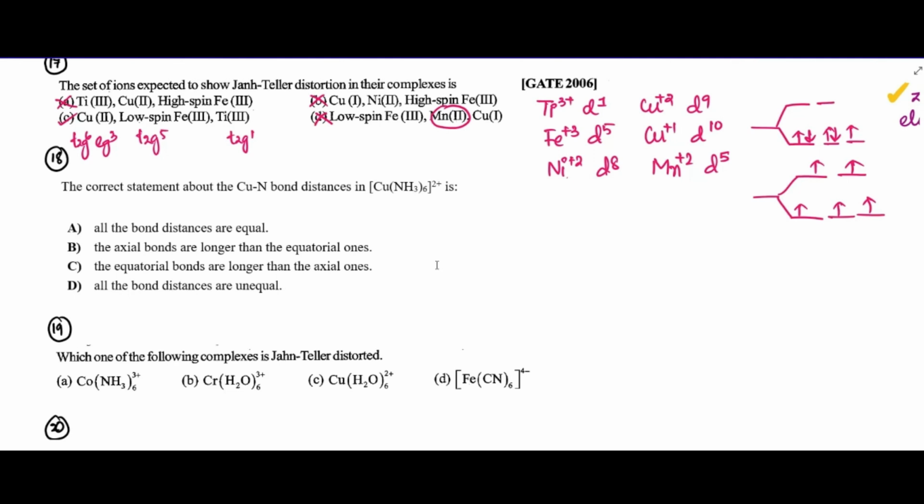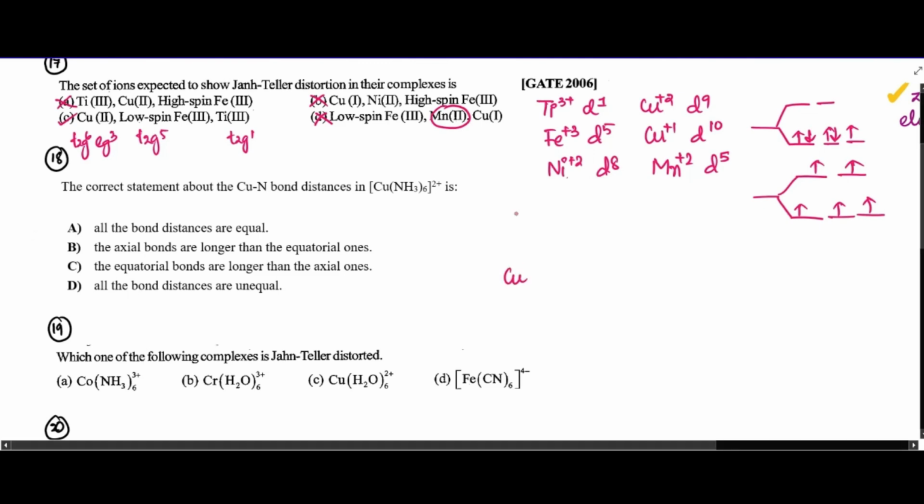As we already said, copper +2 is a d9 system. What happens when you have a d9 system? Axial bonds are more elongated than the equatorial bonds. So axial bonds are longer than the equatorial bonds, which is the correct option.